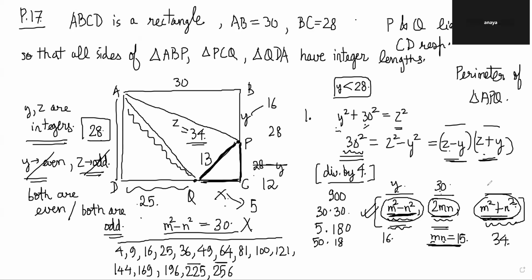So 25, 28. 2mn must be 28 and mn must be 14. But mn is equal to 14, 7 and 2 is coming. So something weird is happening.